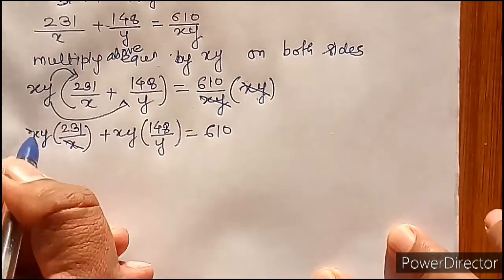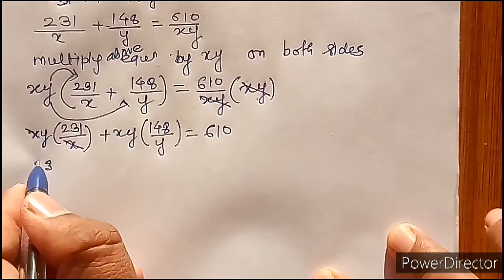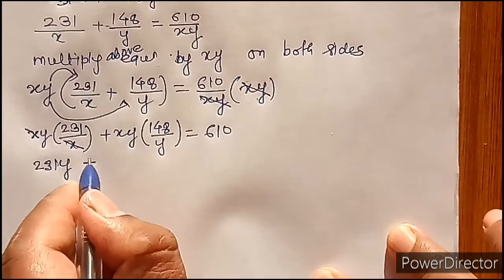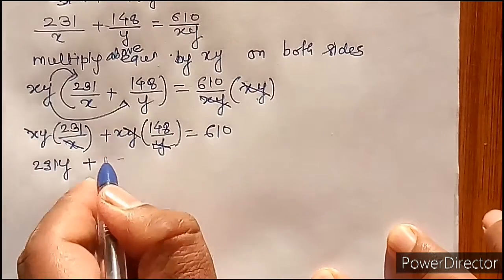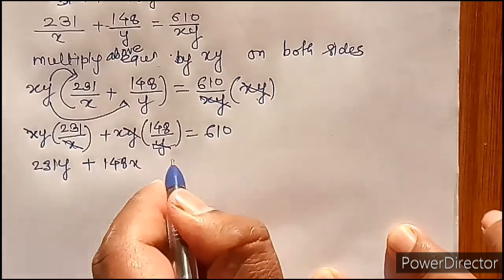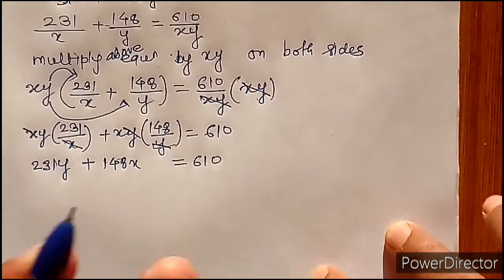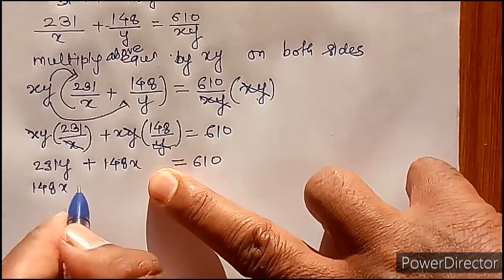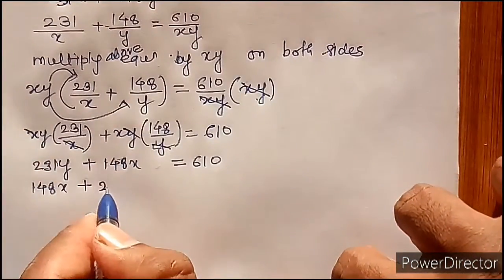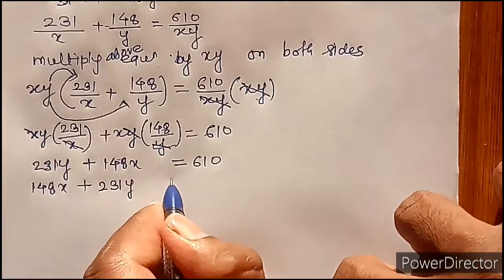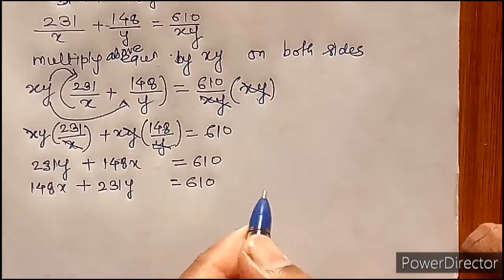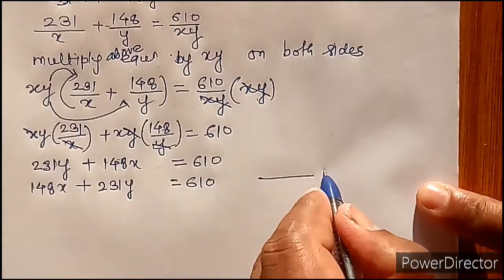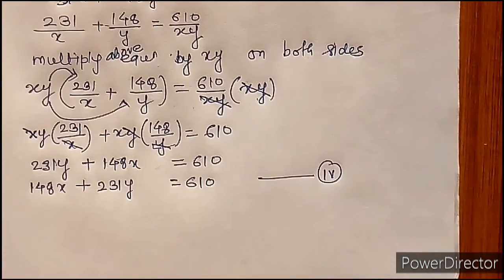Now here x and x get cancelled, we get 231 of y, plus y gets cancelled, we get 148 of x equals 610. Now rearrange this, that will be 148x plus 231y equals 610. Now write down, this is equation number 4.